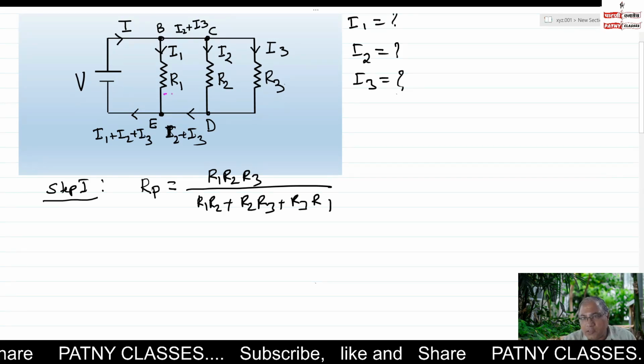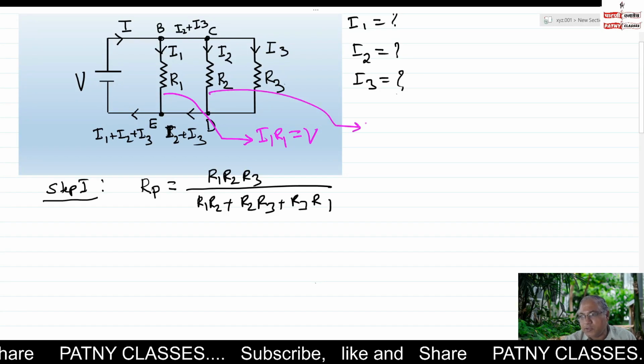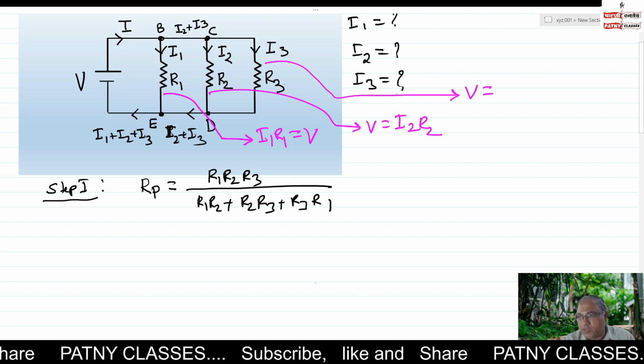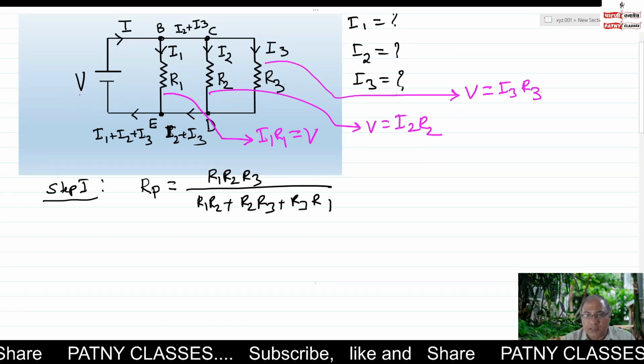Here the voltage across R1 is I1 R1, that equals V, the voltage across R2 is V equals I2 R2, and the voltage across R3 is V equals I3 into R3. Since the supply voltage is V, V can be given as I into Rp.